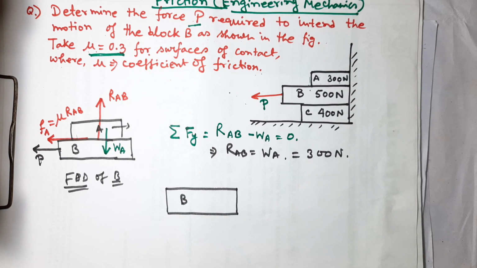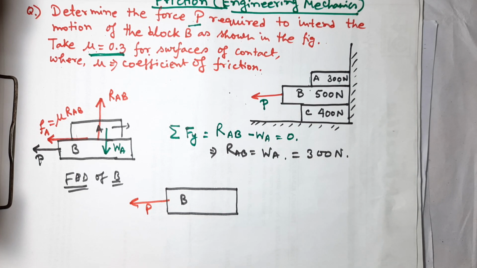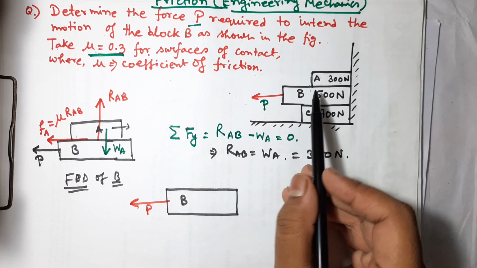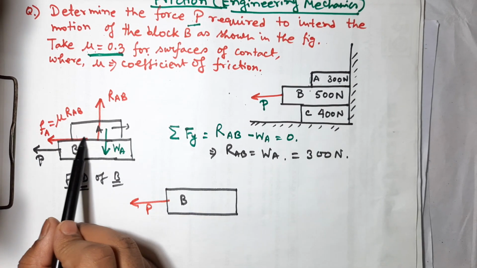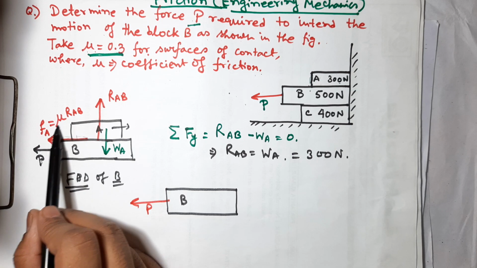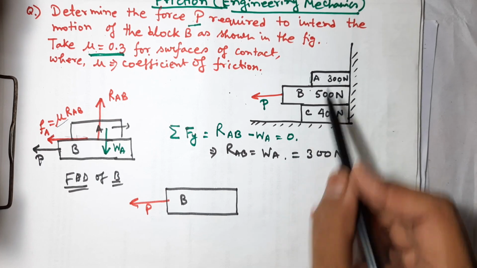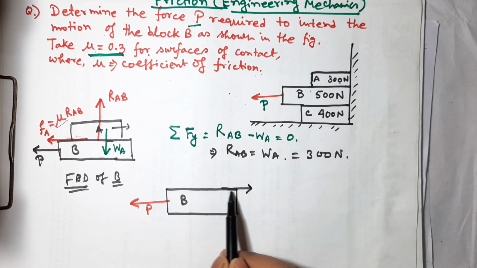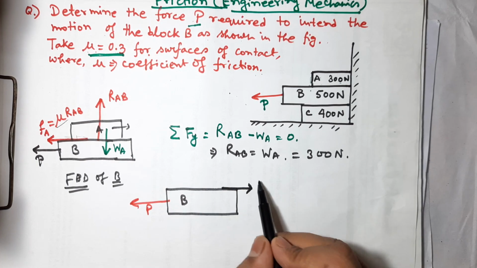And see how many forces are acting on this B block. One force is in this direction, that is the P force, which is given. Another one: on the A block, by the B block, the frictional force is acting in this direction, mu RAB, right? In the same way, this A block will exert a frictional force on the B block to resist the movement of the B block in this direction, right?